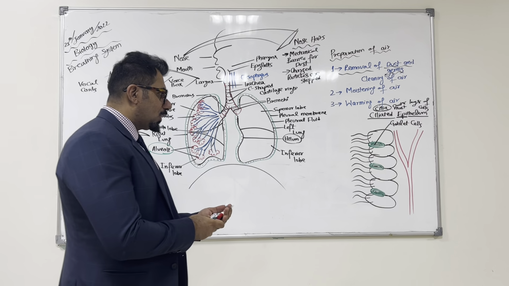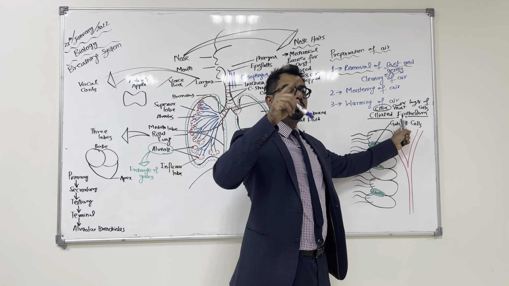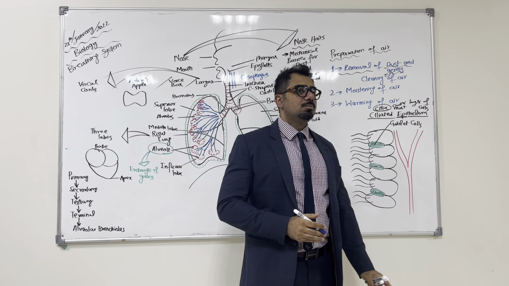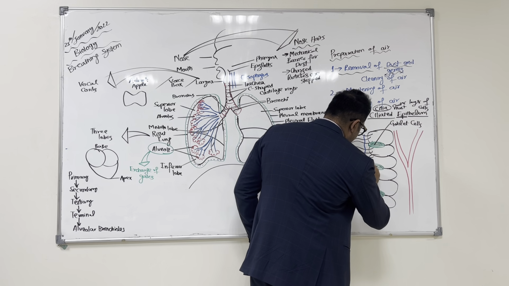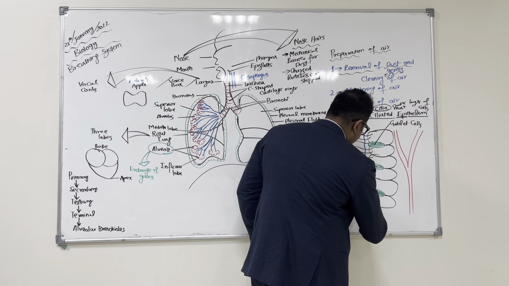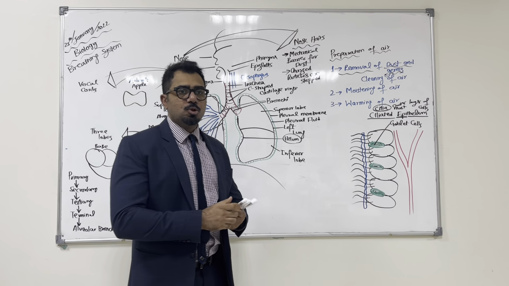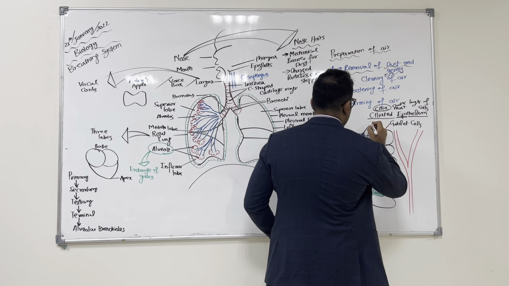Now, boys, what will happen? You have learned in O levels as well, since grade 8, that goblet cells are the cells that produce what? Mucus. So these goblet cells will produce mucus. Let's suppose this wavy line that I am drawing over here is mucus, right?